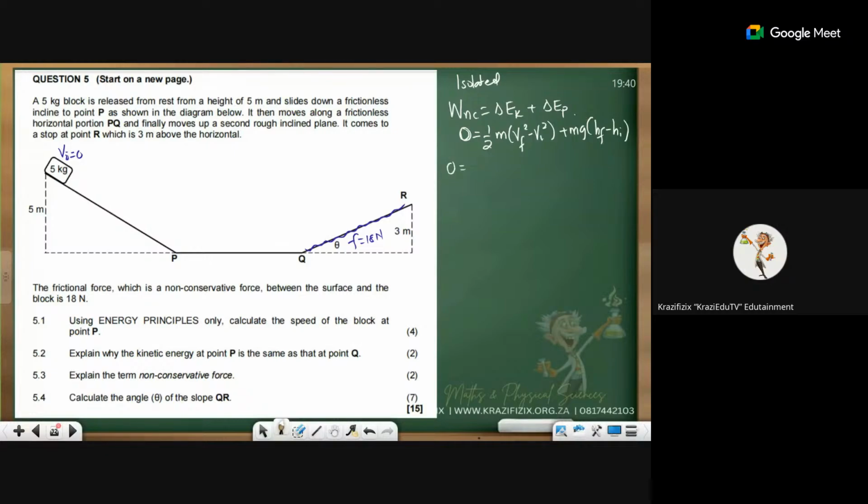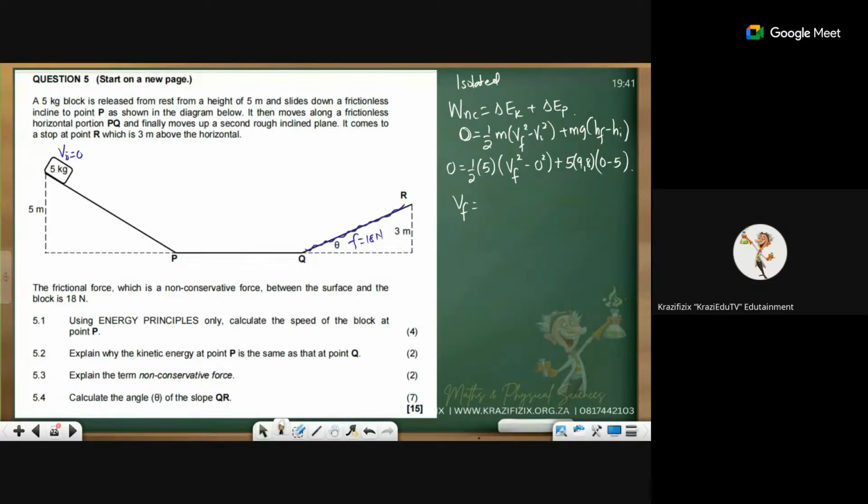Do I know the m? 5. We are looking for vf squared. Do I know the initial velocity? 0. Plus 5 times 9.8. What's the final height? 0. And what's the initial height? 5. You see, straightforward, quite easy.